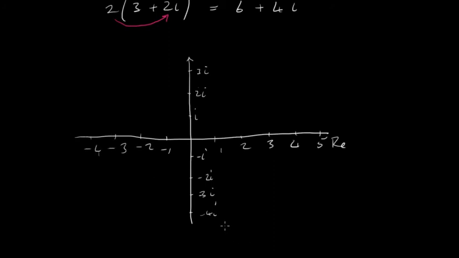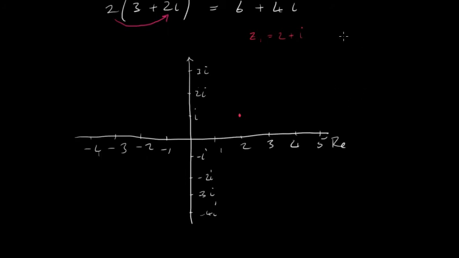Now if I take a complex number, let's say 2 plus i, I'm going to put a complex number here, 2 plus i, and I'm going to add a complex number to that. So let's say our complex number is z1, and it's going to be 2 plus i.